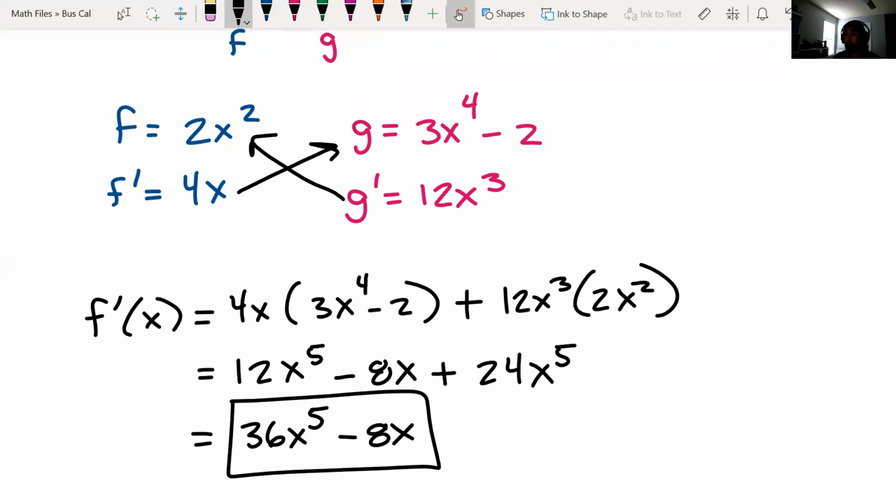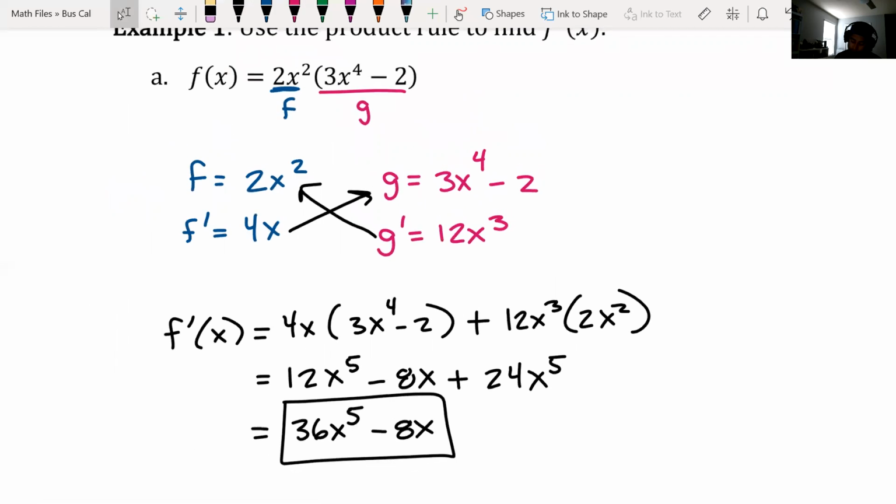And there's our derivative by using the product rule. Any questions on that? Label what f and g are, take the derivatives of f and g, and then follow the product rule. Nothing else to it.